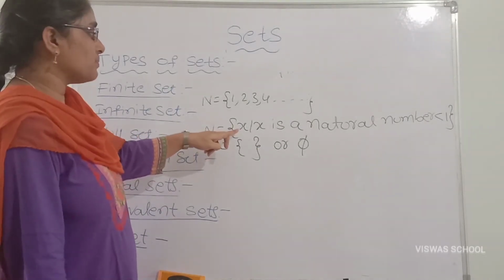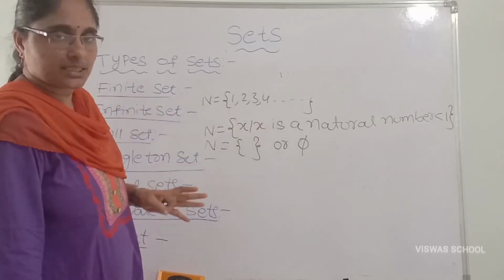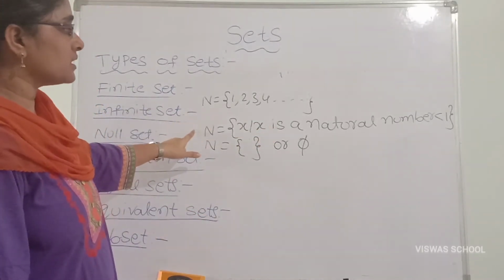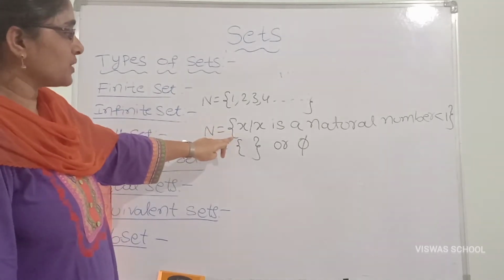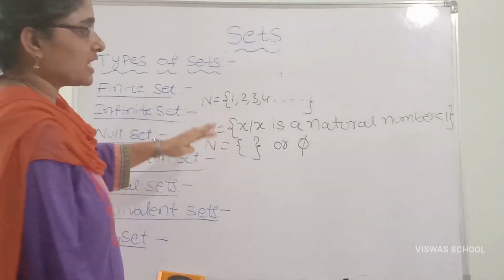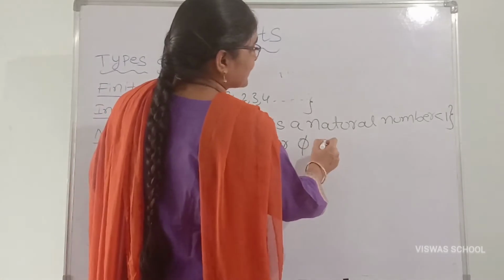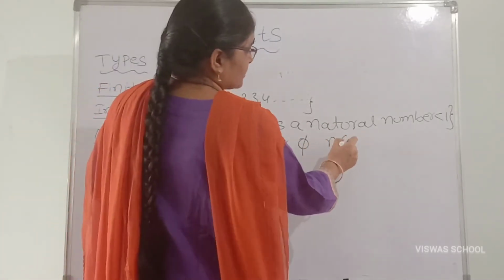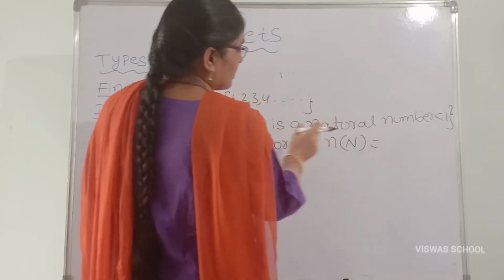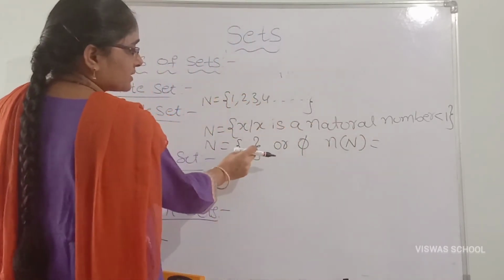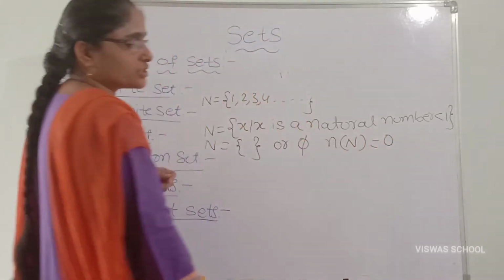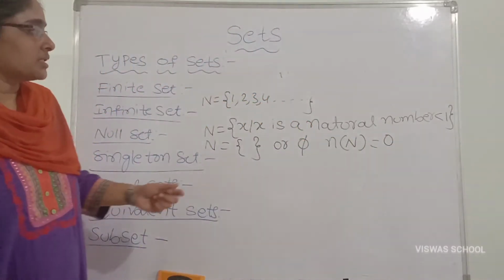Here, natural numbers is equal to x such that x is a natural number less than 1. Then what are the elements in this set? This is actually the null set. Null set means the number of elements in the null set is, here, n of N. That is, the number of elements in this set is 0. That is, n of N equals 0.